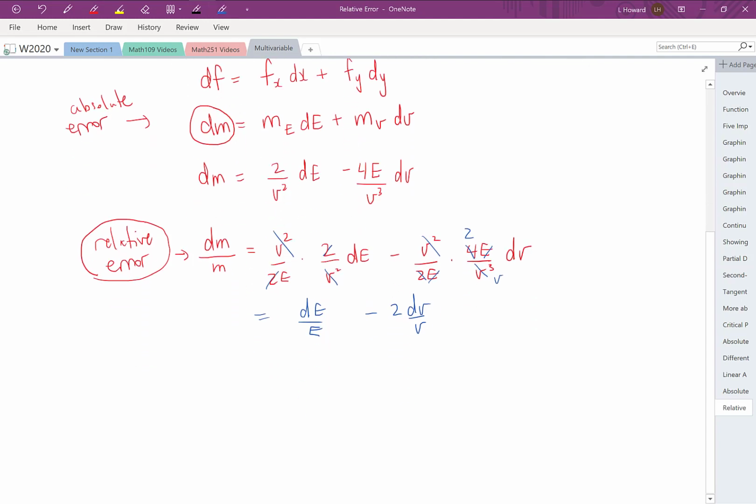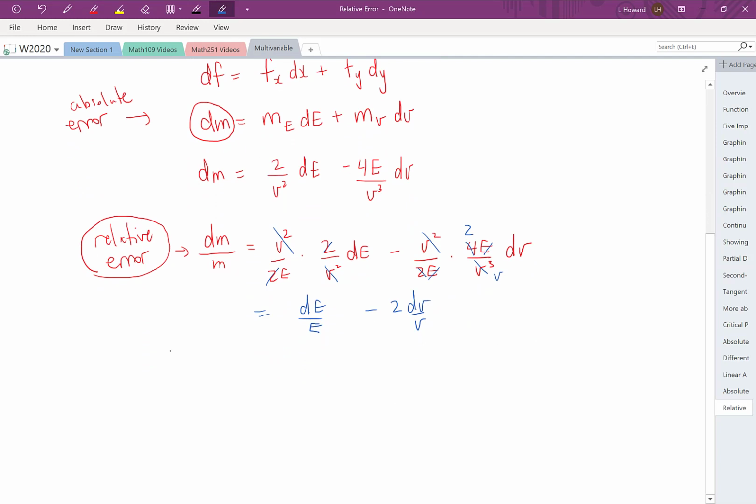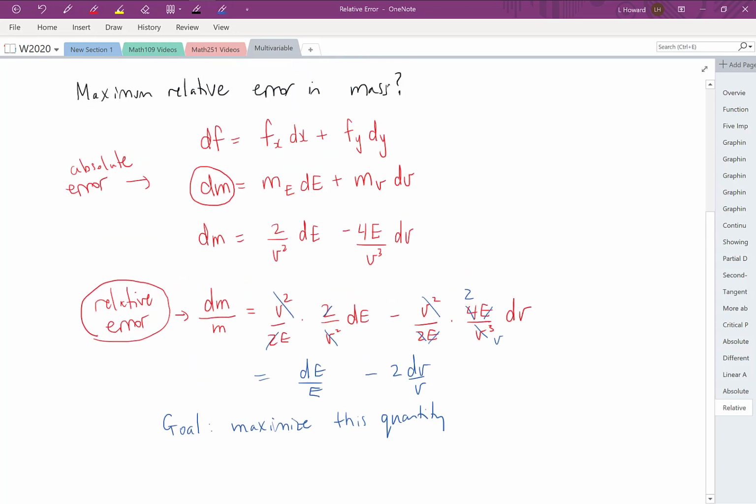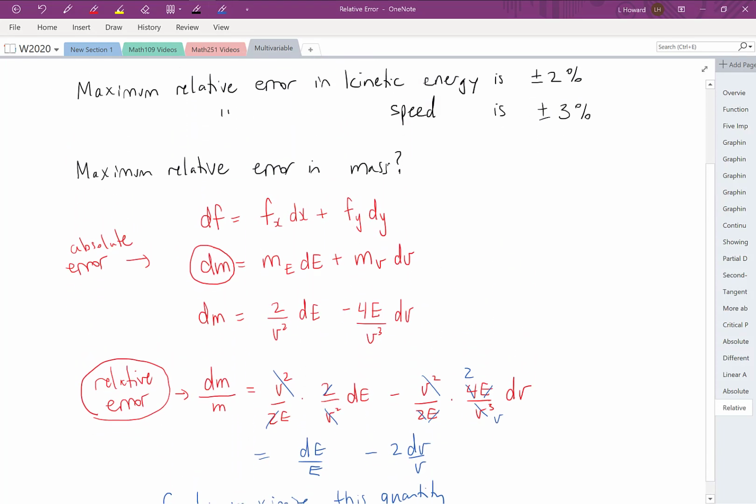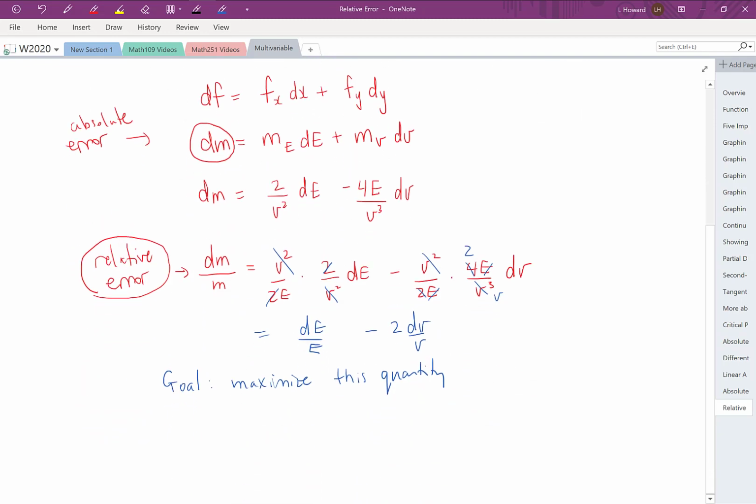So our goal is to maximize this quantity. And to do this, we're going to have to be careful about the signs. So let's go back to our given information. We were told that the maximum relative error in the kinetic energy was plus or minus 2%. So if we wanted to maximize dE over E, we could use dE over E equals 2%.